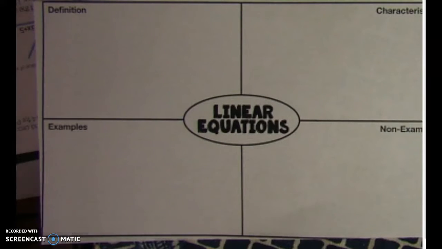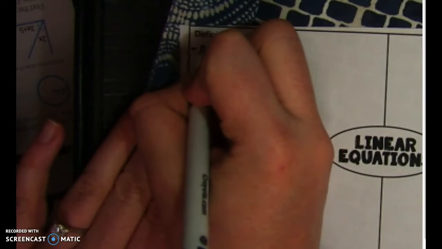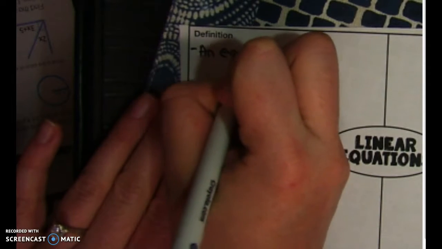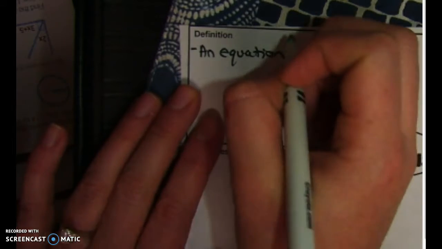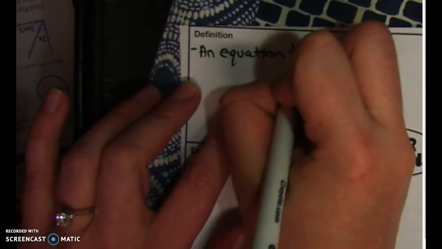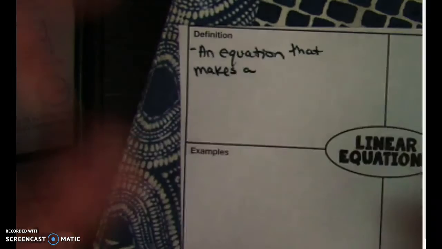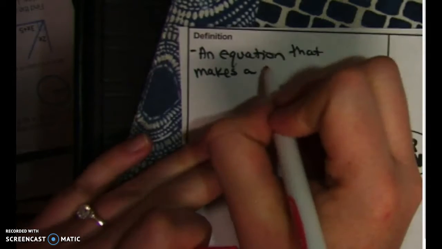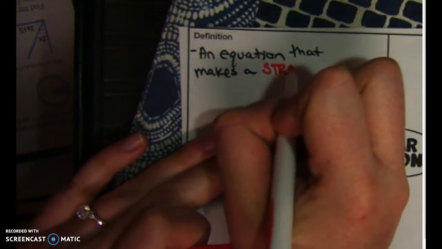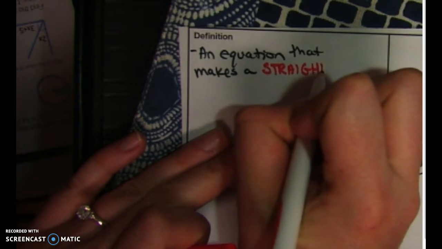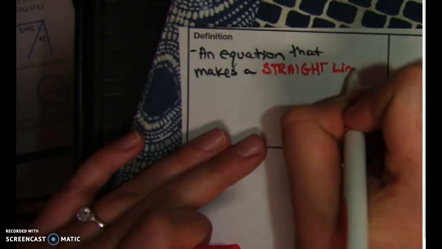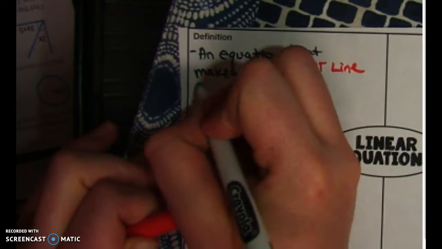A very, very, very straight line. So we're going to start with the definition first. It's an equation that makes a straight line when graphed.